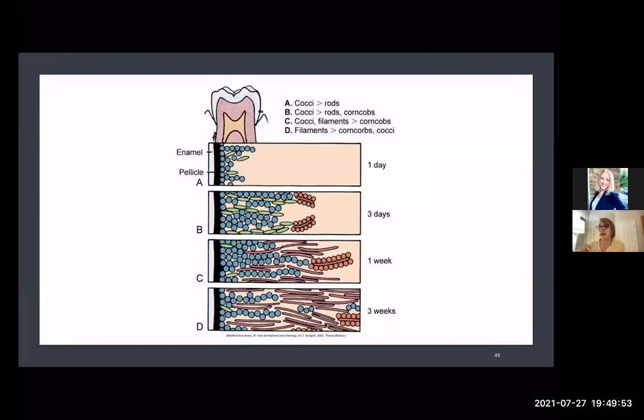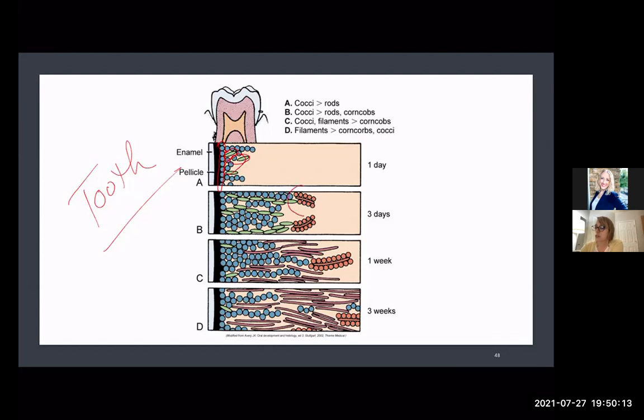So here's what it looks like. If this is our tooth over here, first we've got our row of cocci, usually streptococci. Then we've got some rods attaching. Then some more cocci.